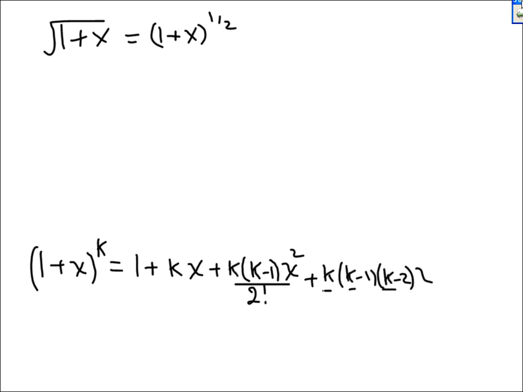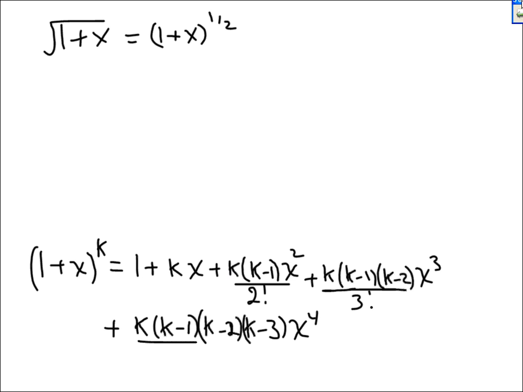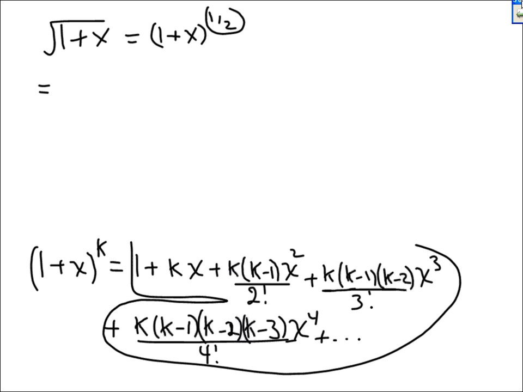Notice I have 3 numbers, x cubed over 3 factorial, plus, I'm going to have 4 numbers. Here's the second number, take away 1, get a third number, take away 1 more, get the fourth number, x to the 4th over 4 factorial, etc. Our k happens to be our half.